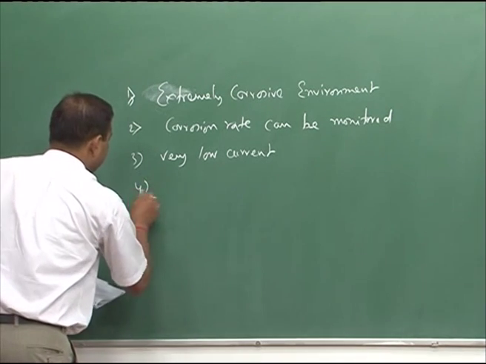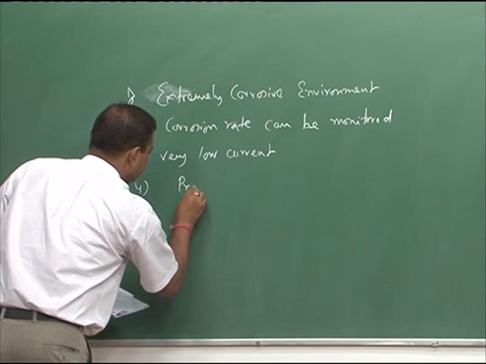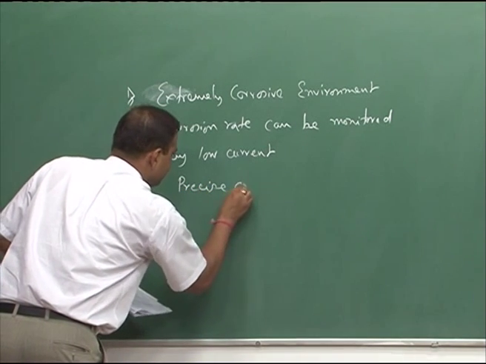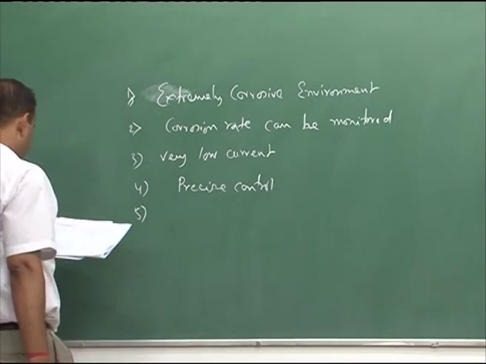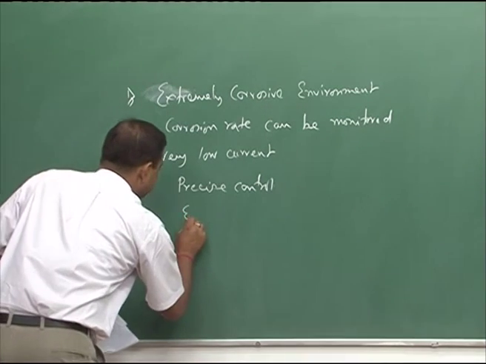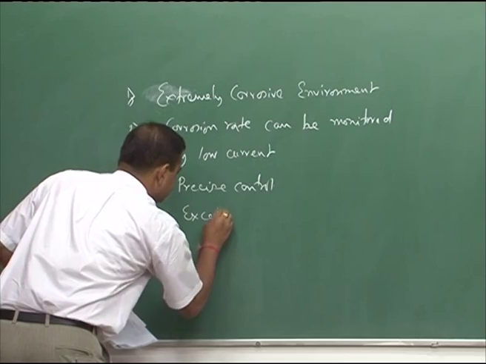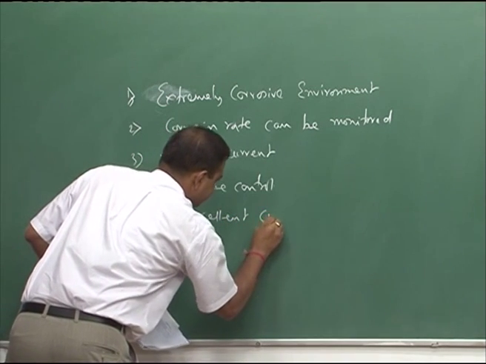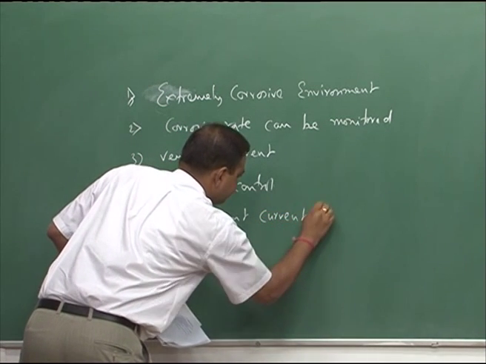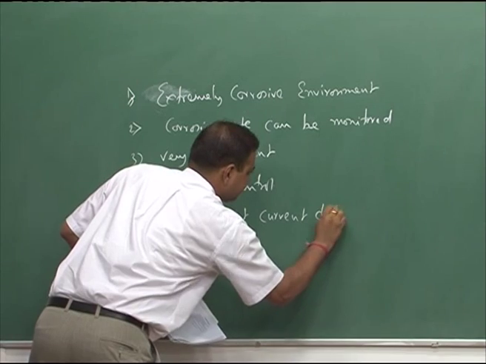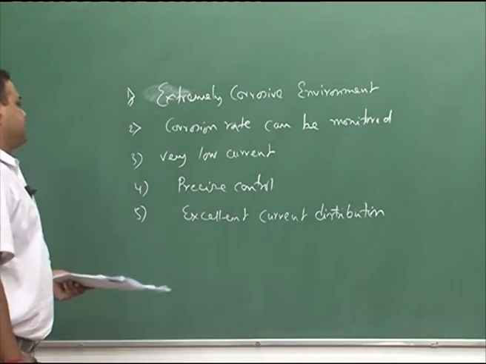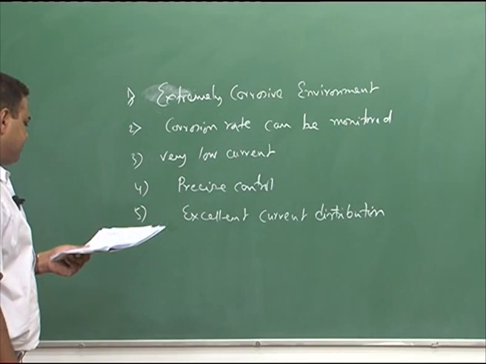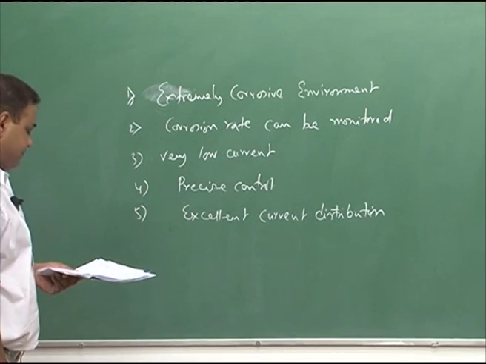Fourth, precise control can be employed. Fifth is excellent current distribution, that is possible in case of anodic protection.